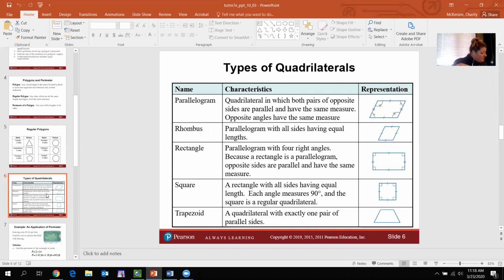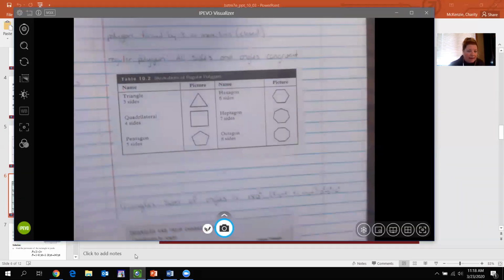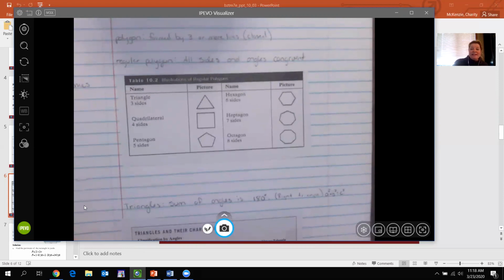Okay, so then we're going to go into, well, let me show one other thing over here real quick. This is part of the other section.